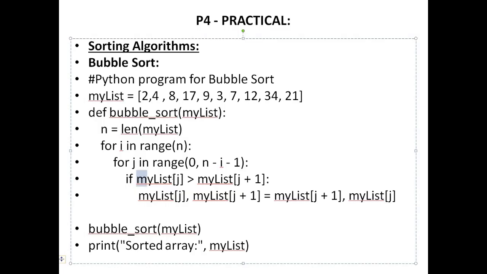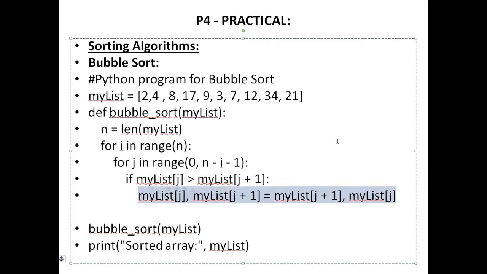Then it's a simple if statement: if the current value in the list at j position is greater than the value at j plus 1, the next element, then my list j comma my list j plus 1 will be equal to my list j plus 1 and my list j.